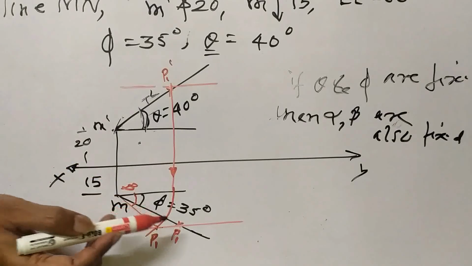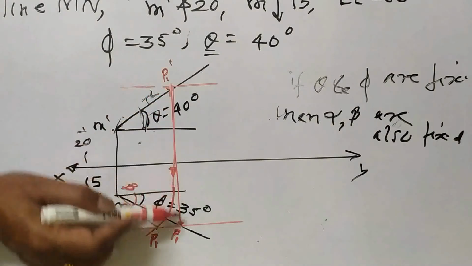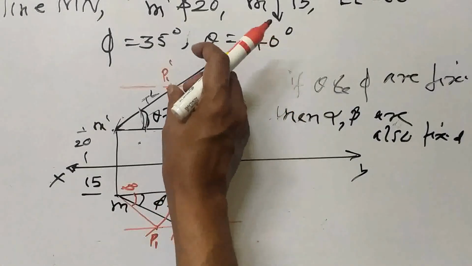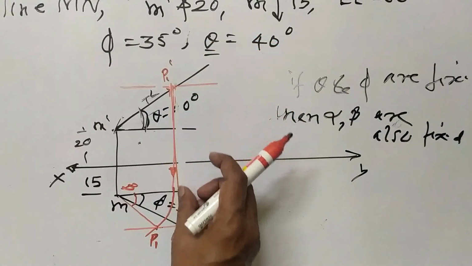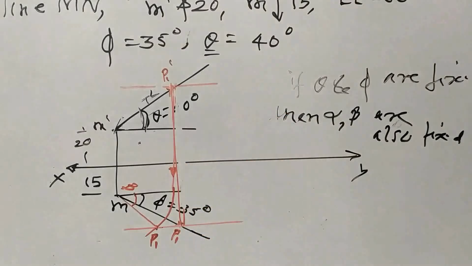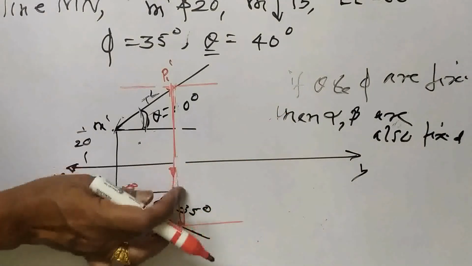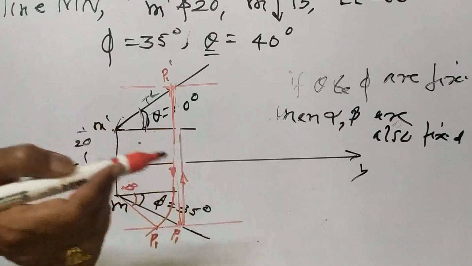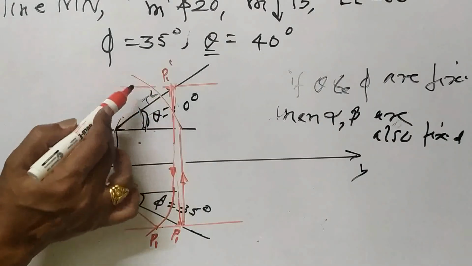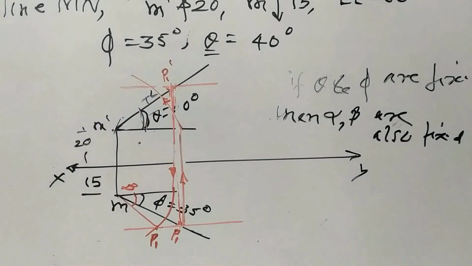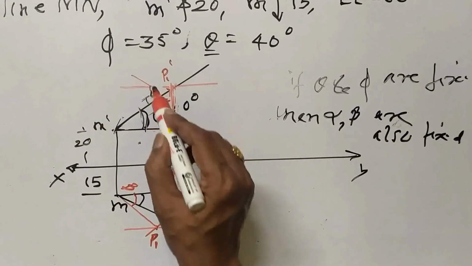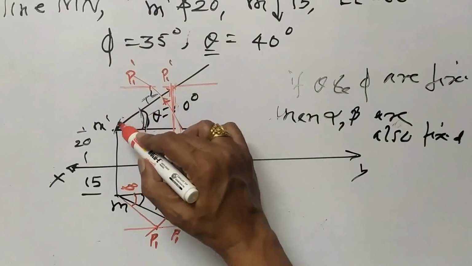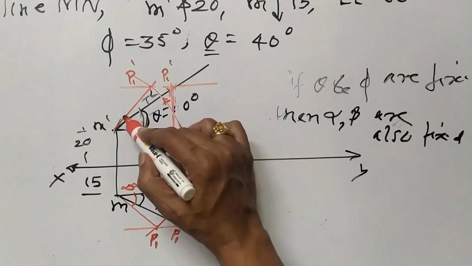Similarly, I will project this up to this, and I will rotate it. Project this, rotate it. I will get this point. This is my P1 dash, and here I will get the alpha angle.